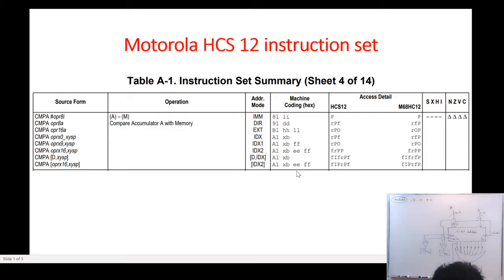Let me see if I can use a pointer here. All right, right here. So those are your flags, and we have this delta sign symbol, right? What that means is that every time I execute those instructions, the compare instructions in the column, all the values of these flags are being changed, are being affected.